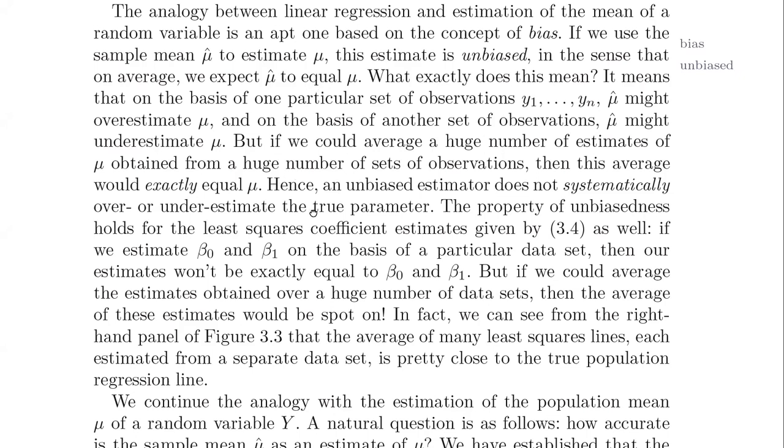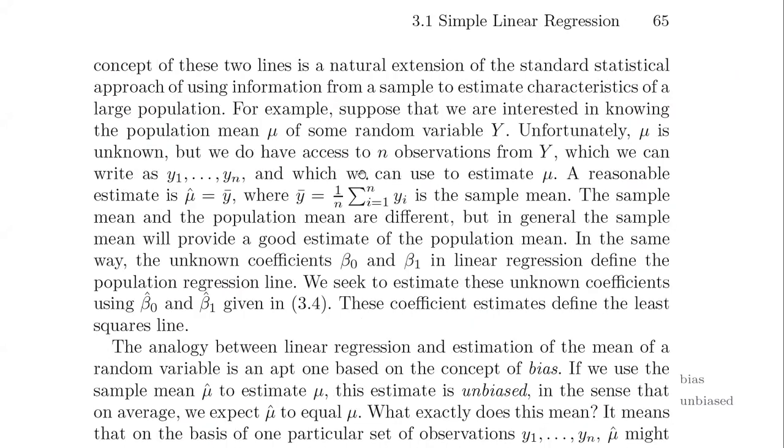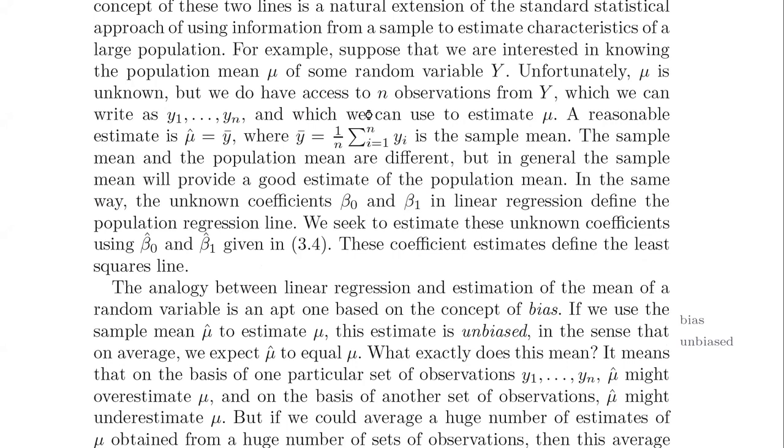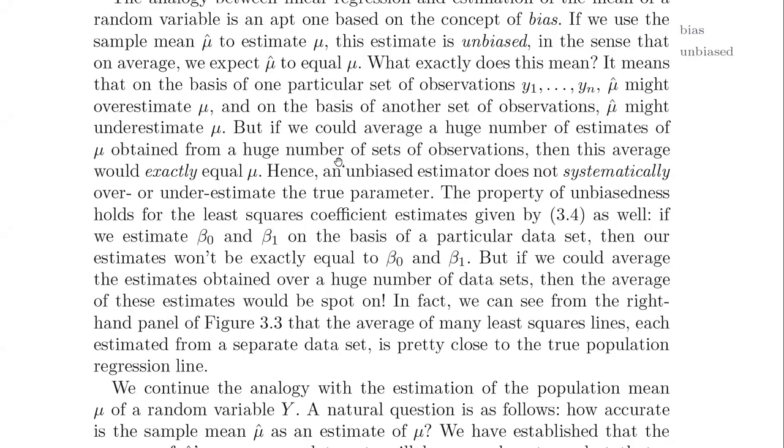Well, the way this is set up, you can mathematically prove that if we're calculating our mu hats using the mean, not the median, not the mode, not the geometric mean, there are many ways of averaging. If you use mean, that creates what we're going to refer to as an unbiased estimator. That the average of the means would exactly equal the true population mean.